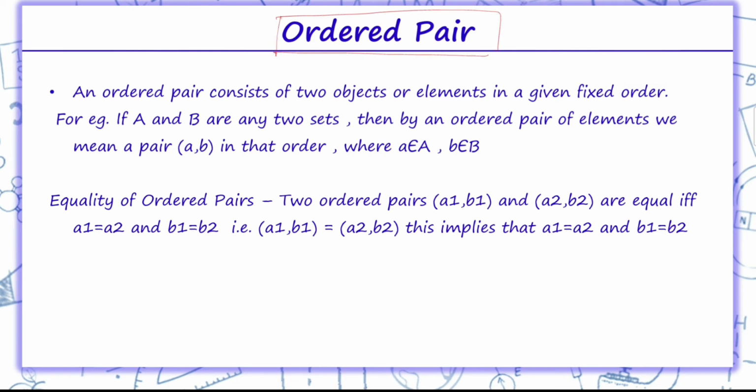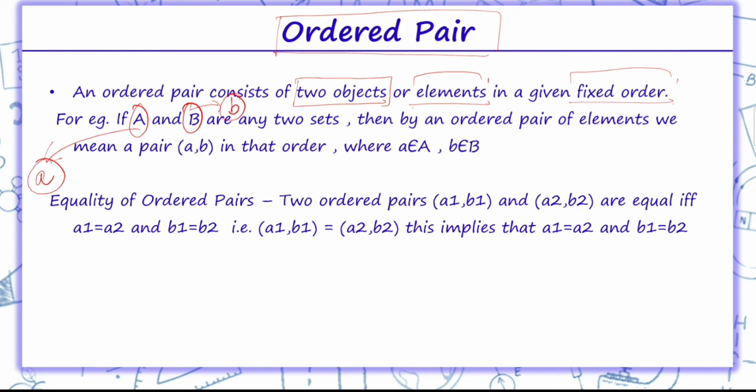Now what is an ordered pair? It consists of two objects or elements in a given fixed order. Let's suppose there are two sets A and B. By an ordered pair of elements, we mean, let's suppose an element of set A is small a and an element of set B is small b.